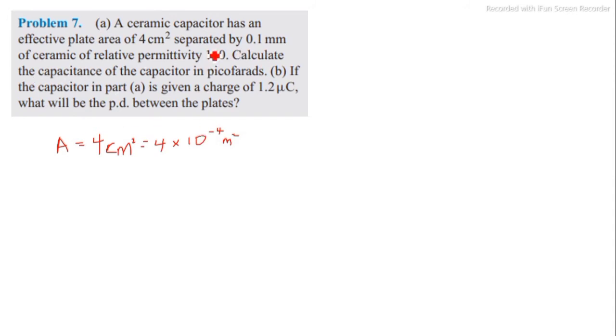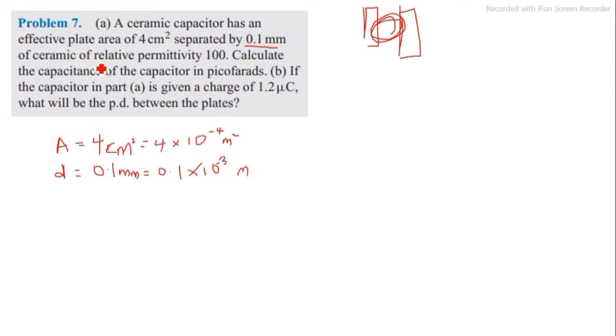So the parallel plate capacitor is separated by a dielectric, which is 0.1 millimeter. That means the distance between the plates is 0.1 millimeter. If you convert that, you're going to have 0.1 times 10 to the power minus 3 meter.